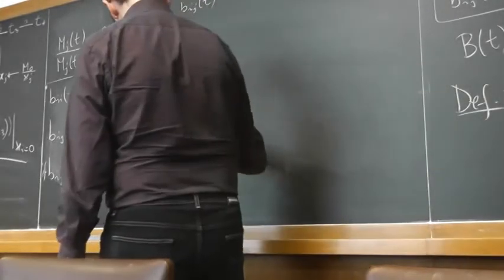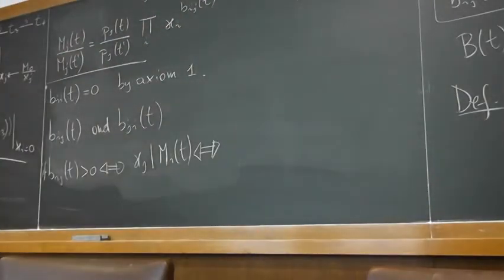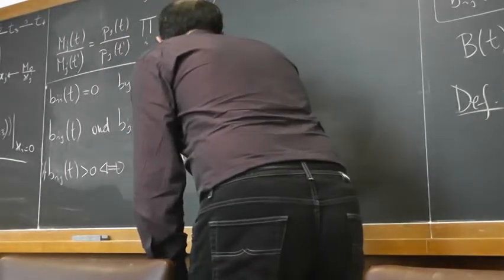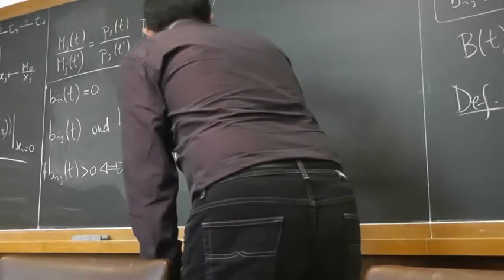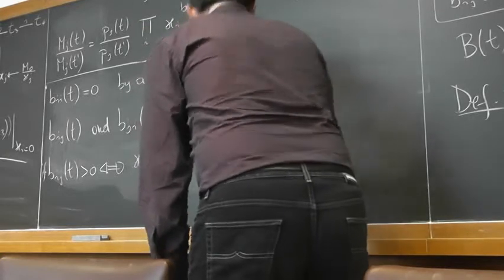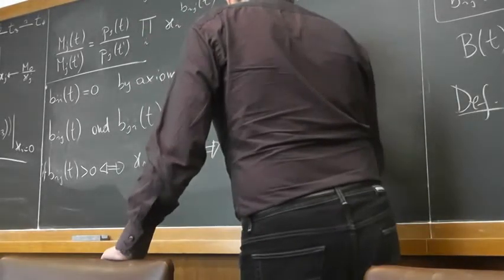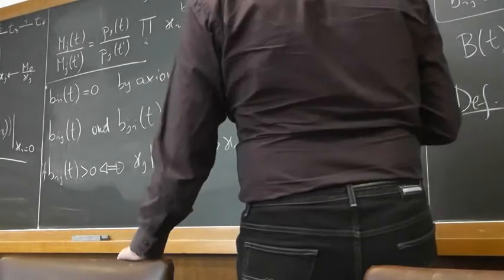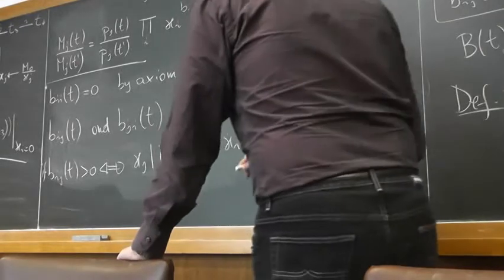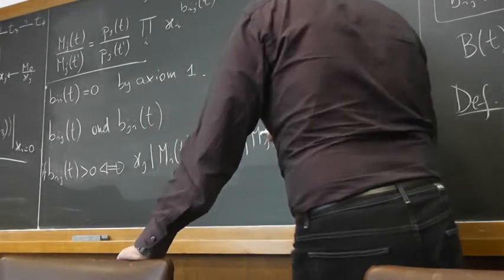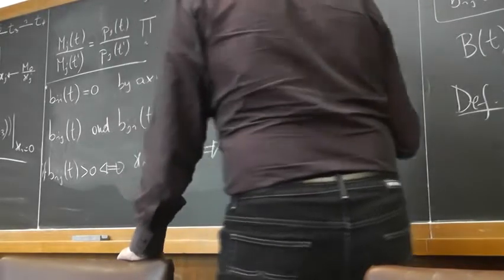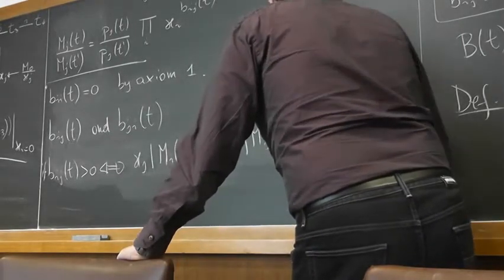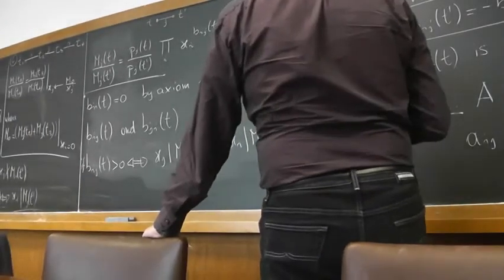And then we apply axiom 3. This is equivalent to xi divides MJ prime. In our new terminology, this means that Pji of t prime is positive.